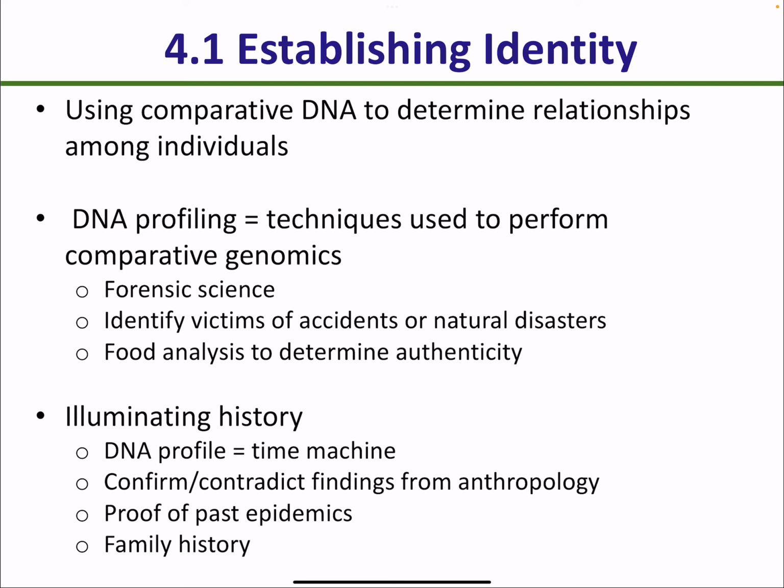And finally, but not least, we can actually find a lot about our history, right? DNA profiling in that case actually works like a time machine. Now when we look into the background of President Jefferson, nowadays it is clear that President Jefferson actually had an affair or was sleeping with one of his slaves called Sally Hemings, right?